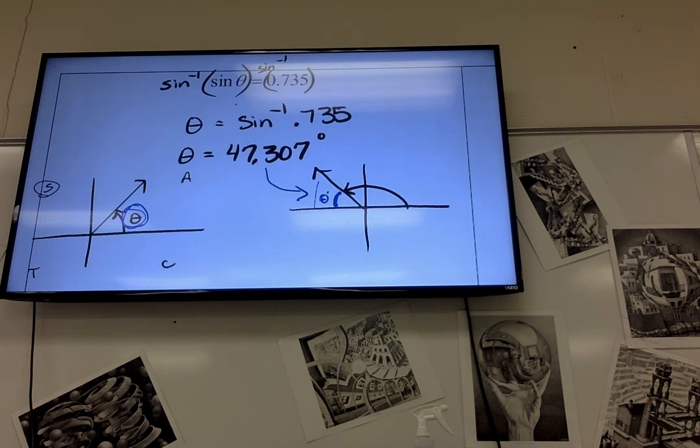So how do I find this other part of that angle? That black angle. Subtract it from 90? Well, that would give us this angle. Subtract it from 180. Yeah, I want this whole angle from the standard position. So 180 minus 47.307.